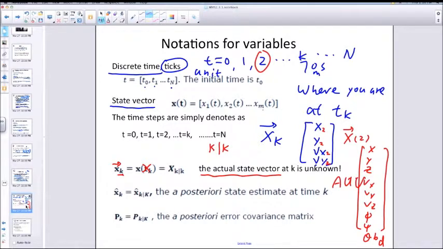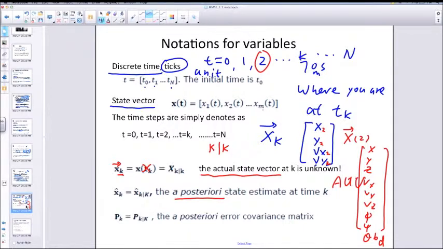What does that mean? Why do I want to make that complicated? Well, that's a statistic convention. When you do any probability estimate, we use that convention. One word is called a posteriori state estimate. That means it's after you do the calculation.